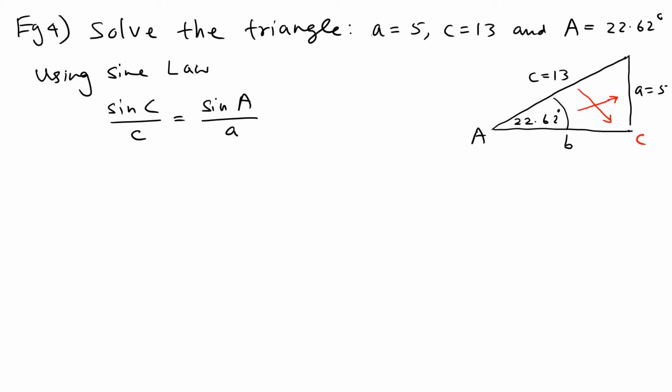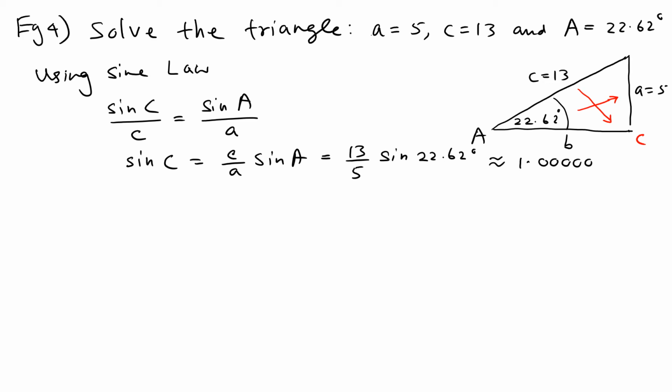So we can say sine C equals small c over small a times sine A, which is 13 over 5 times sine 22.62. If you use a calculator and find this value, something interesting happens: you get 1.00000, correct up to 5 decimal places, you get 1.